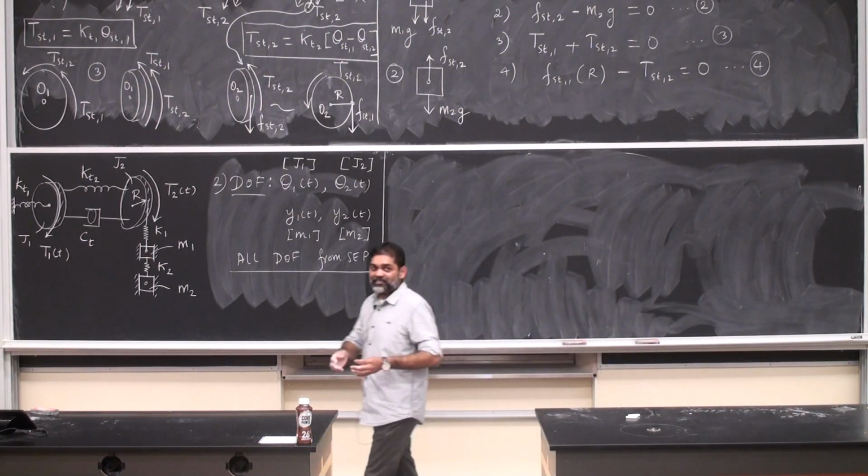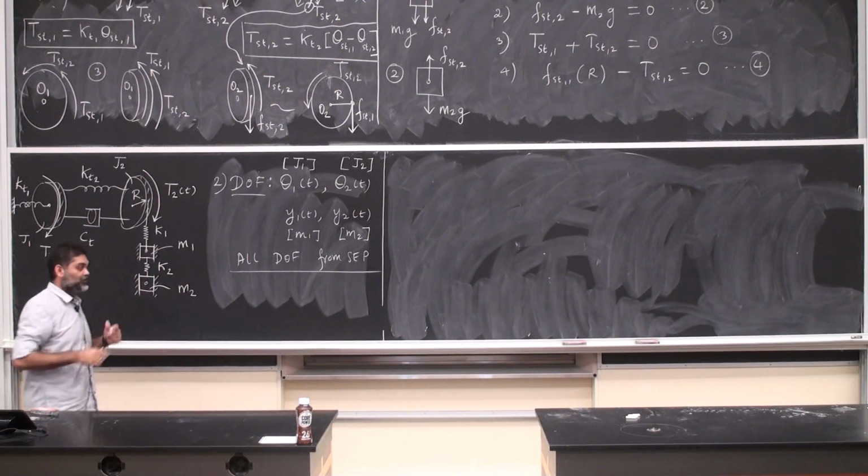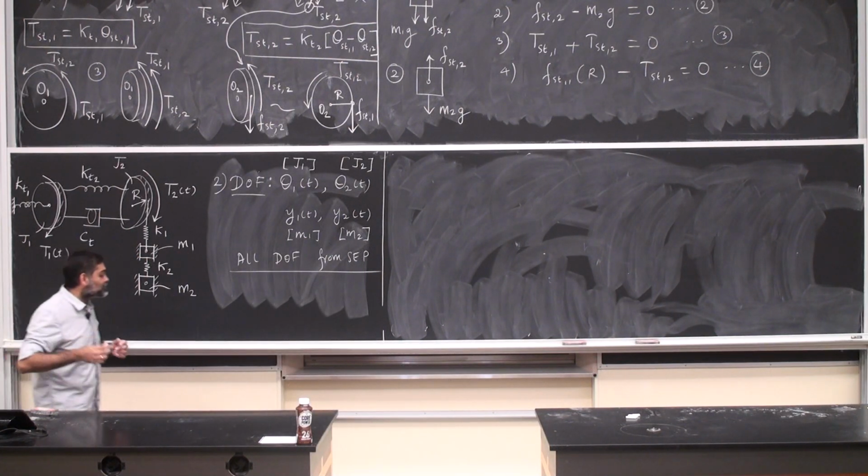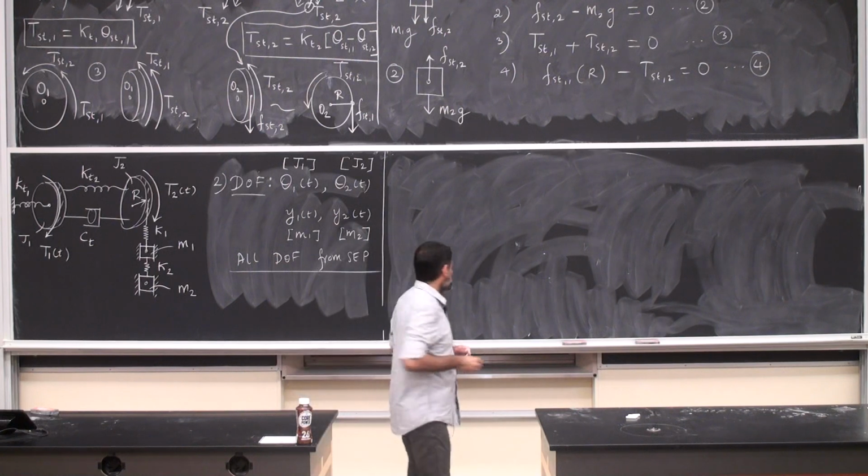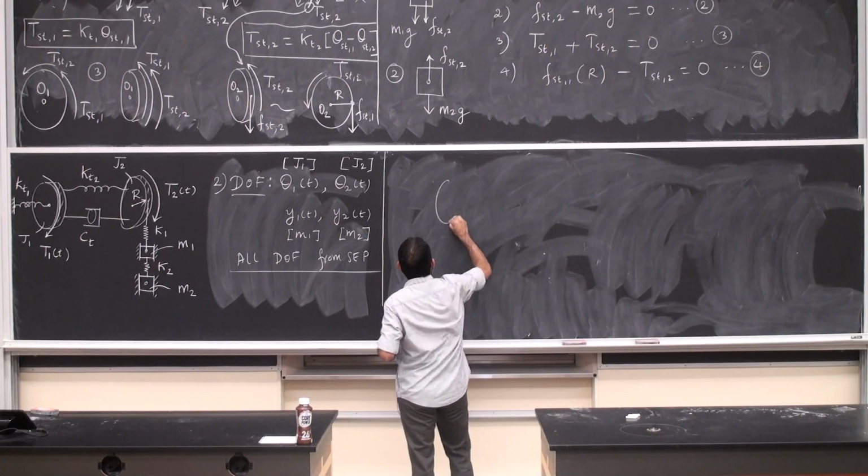The idea is exactly the same as that in SCP. Hang on, let me draw the kinetics and let me get the angles, sign conventions and so on. Okay, so sign convention.